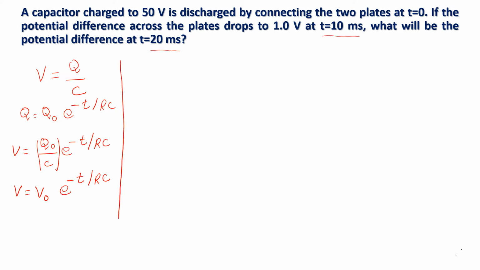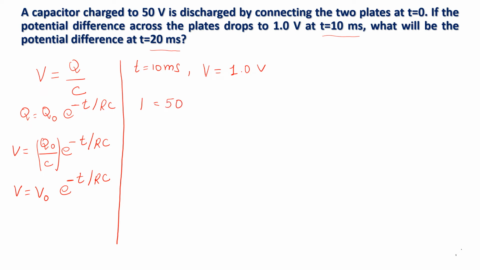Now you have to consider the first given data: at t equal to 10 millisecond, the potential V is 1 volt. Substitute this information in the equation. So 1 volt is V, and the maximum voltage at t equal to 0, that is V naught, is 50 volt.